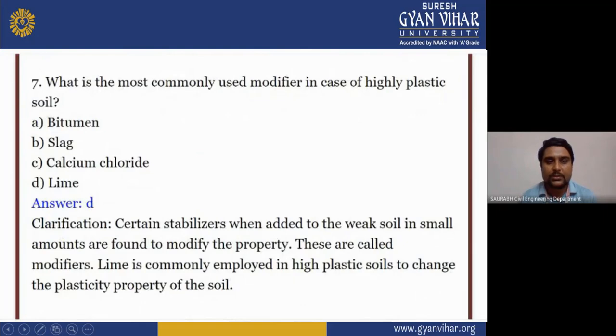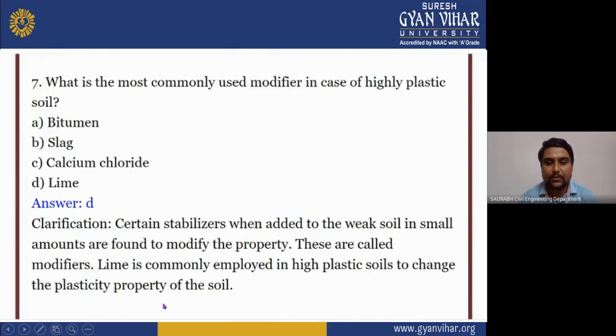Let's come to the next question. What is the most commonly used modifier in the case of highly plastic soil? Bitumen, slag, calcium chloride, lime. Here the right answer is lime. As we know, certain stabilizers, when added to weak soil in a small amount, are found to modify its properties. These are called modifiers.